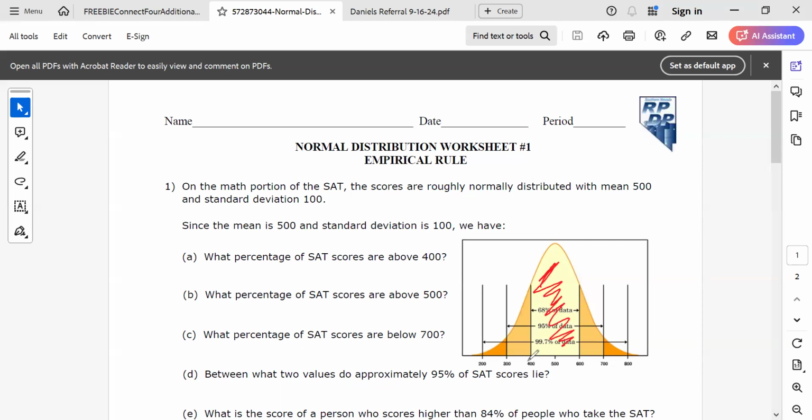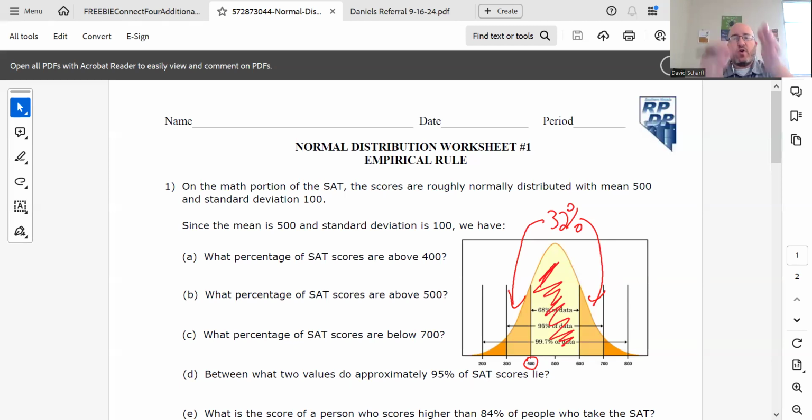If we know that this is 68%, then everything outside of it has to be 32%. 68 and 32 is what adds up to 100. And the whole idea of this normal distribution is it's symmetrical going both ways.